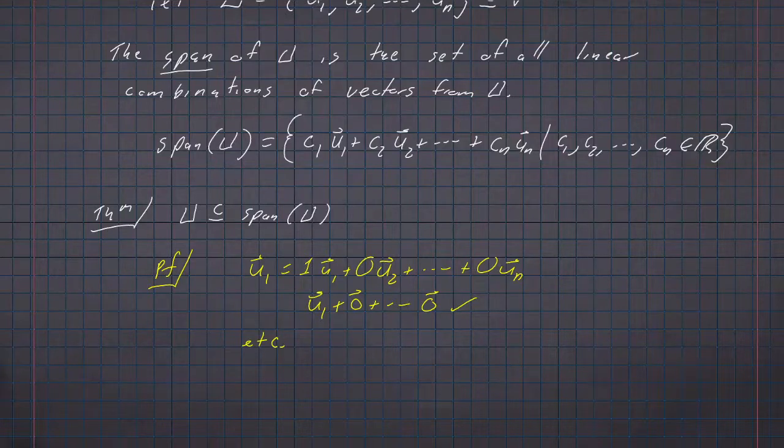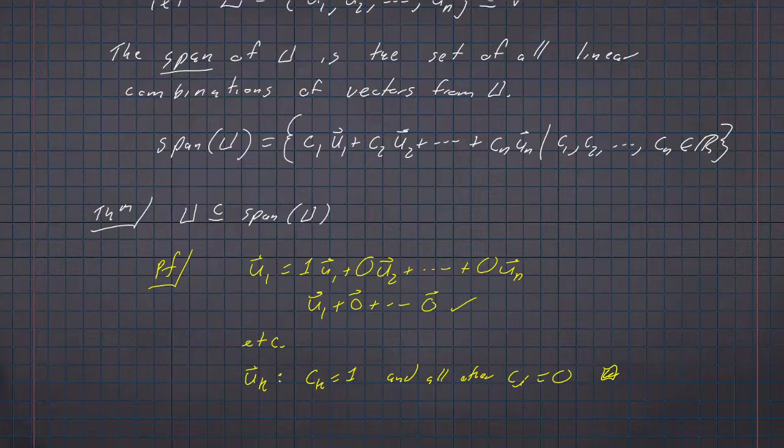Pick for UK, pick CK equals 1 and all other CI equals 0, and you get the linear combination that gives you UK as the result.